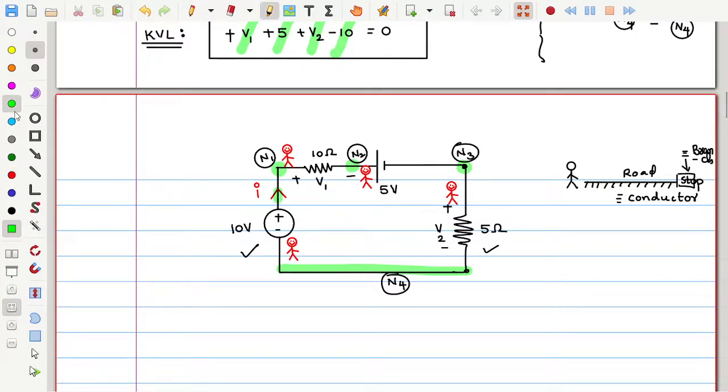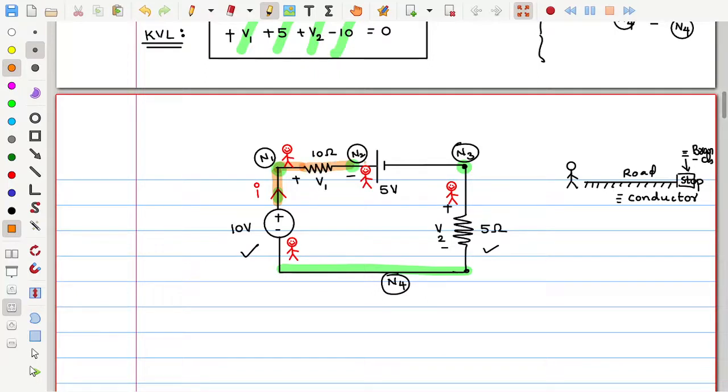So you can imagine this analogy: the current is flowing through these things. Which path does it take? It will take the path of the conductor. Conductor is equivalent to road. Are there two paths here? Only one path is there. It has to flow towards the right side, no other path. After reaching here, it sees a resistance and passes through the resistor.